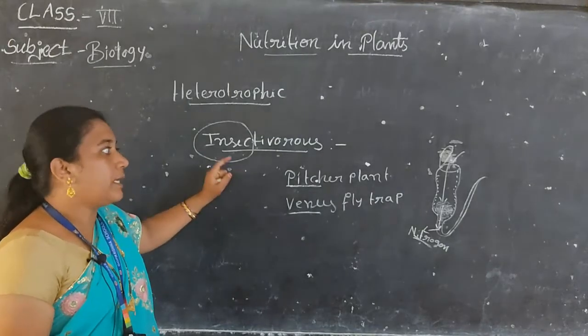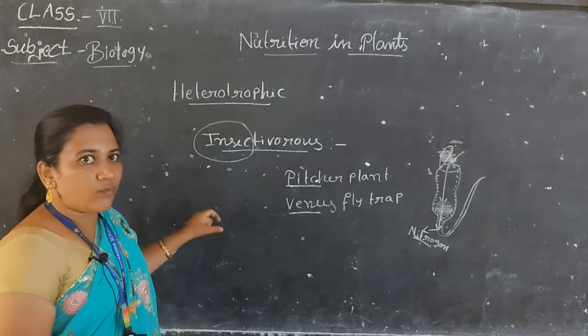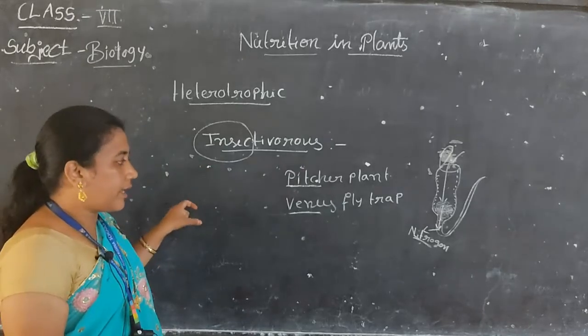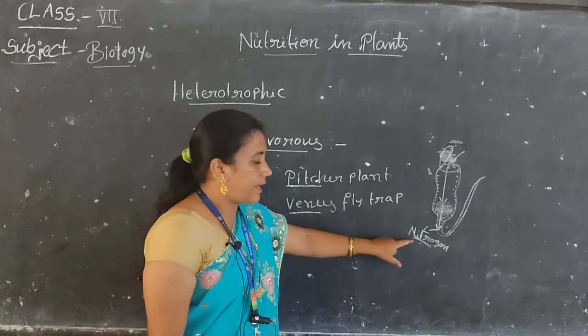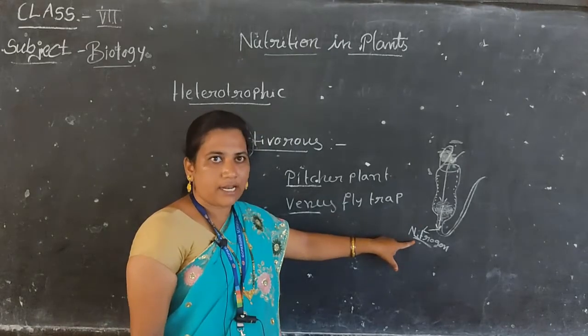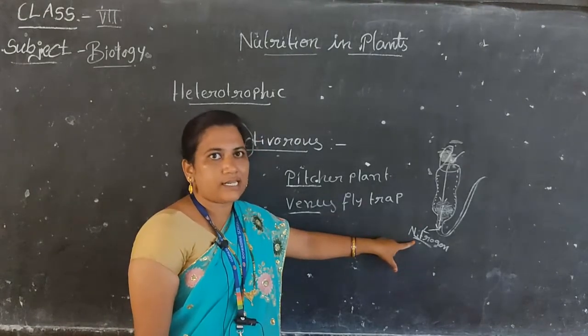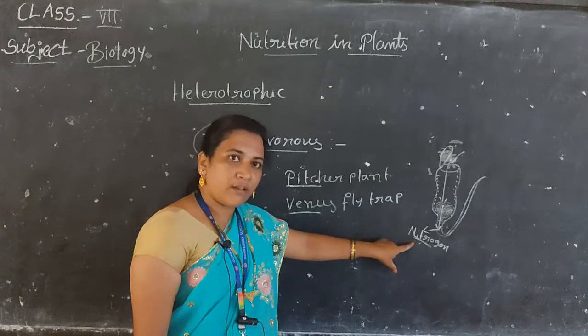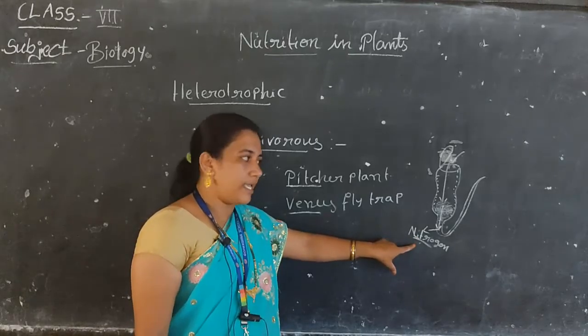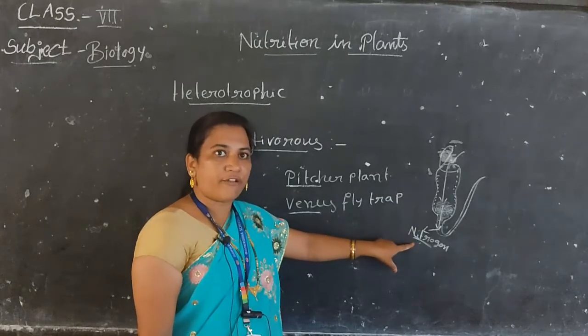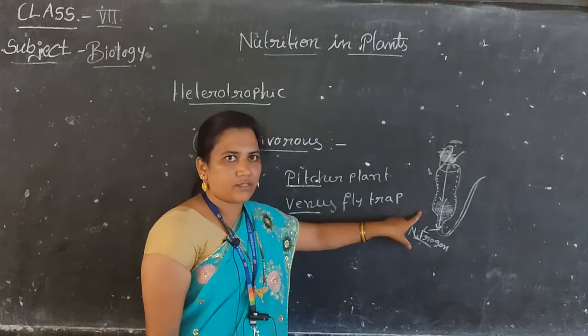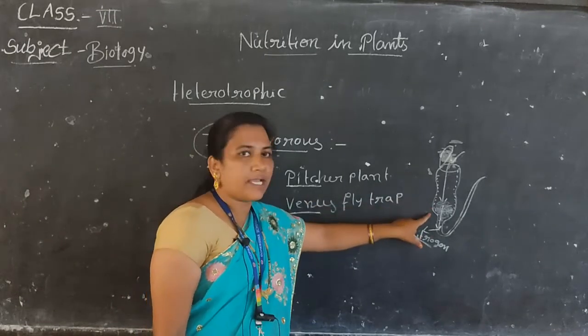It is because of the place where they grow. Here nitrogen is in less quantity, so to fulfill this nitrogen deficiency, the plant leaf is modified into pitcher-like structures to trap insects.